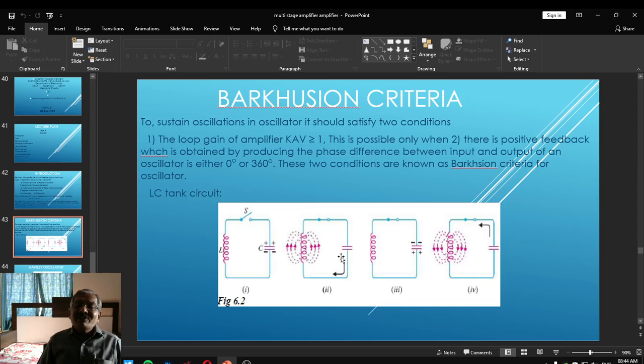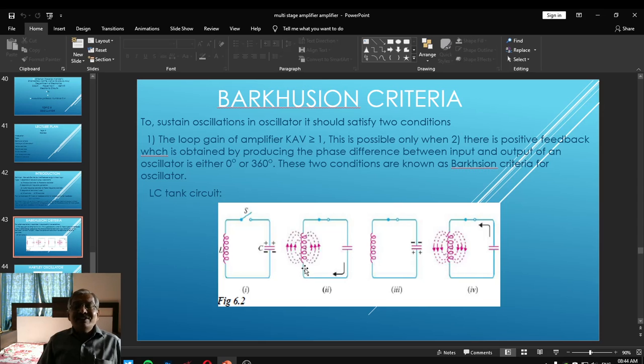When the capacitor starts discharging, electrostatic charges will be converted into electromagnetic charges. Electrostatic field will be converted into the electromagnetic field. And as the current flows through the inductance coil, a magnetic field starts developing across the inductance L in the direction represented in this figure, that is figure 2.